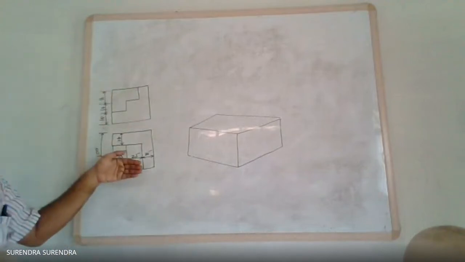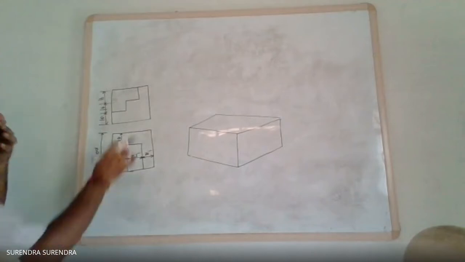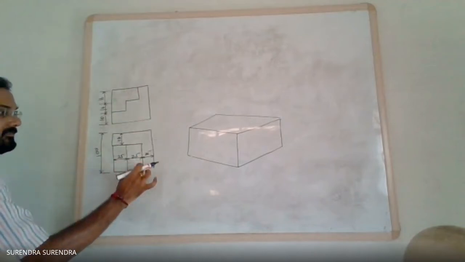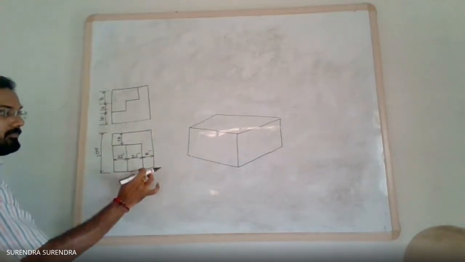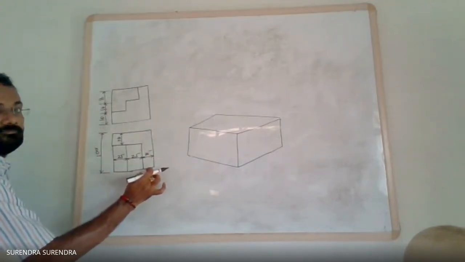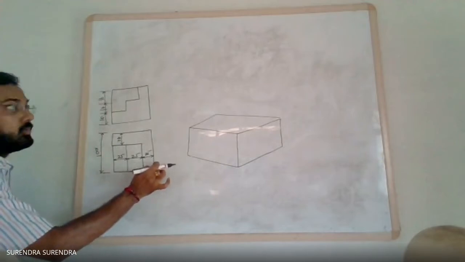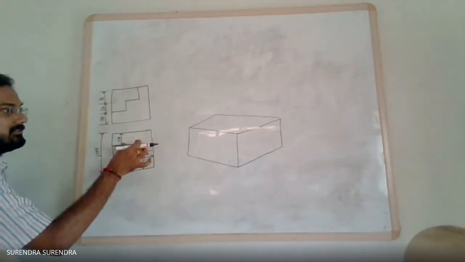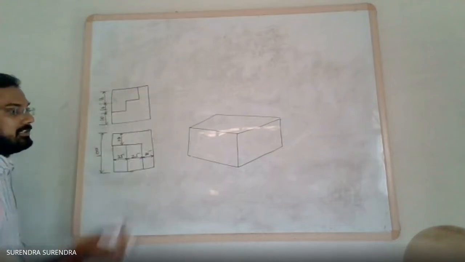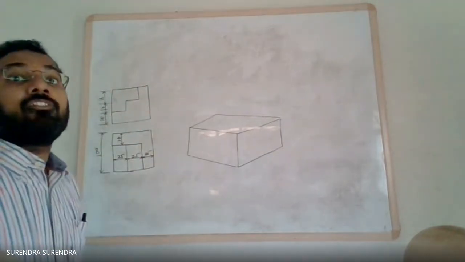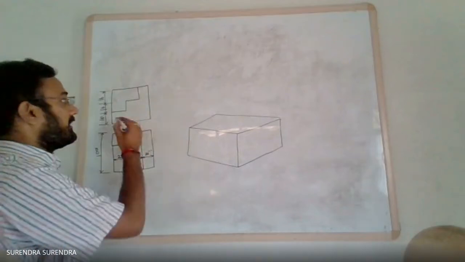Relate it to the top view. In the top view, this line extends up to the front end, and likewise this line and this line. This shows the front end, so we have to draw this shape at the front end.